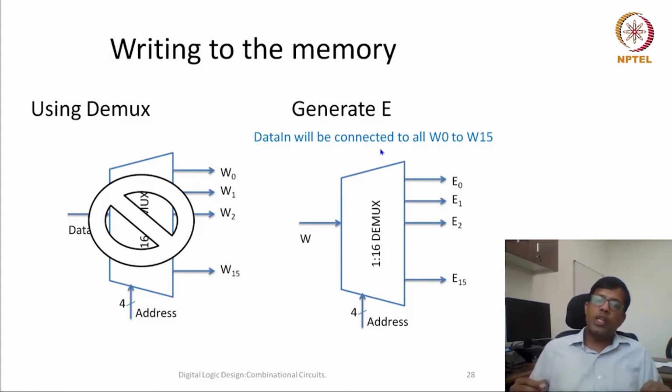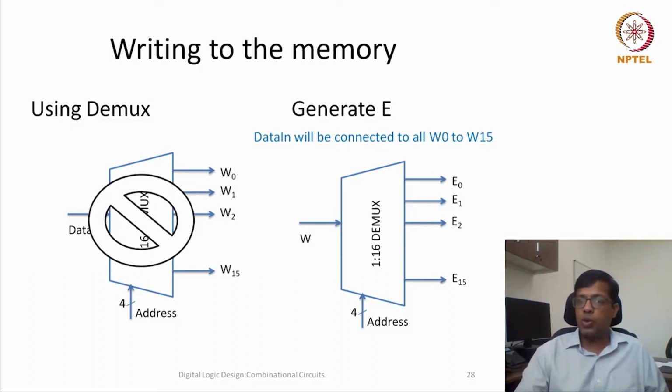So this way, this control signal or enable signal is generated using the write, using this 1 to 16 demultiplexer. Now let's think, can we use a decoder here? A decoder, perhaps it can be used if we use the address as an input to the decoder.